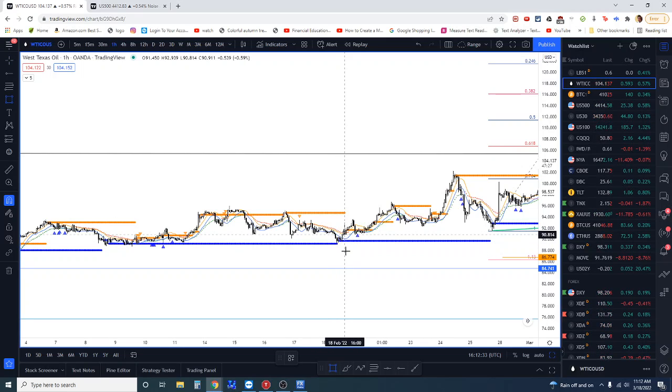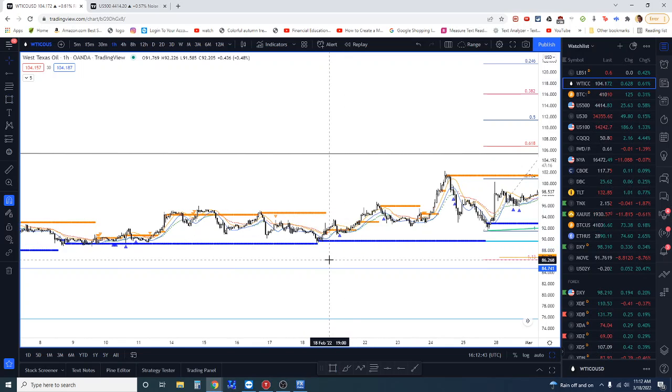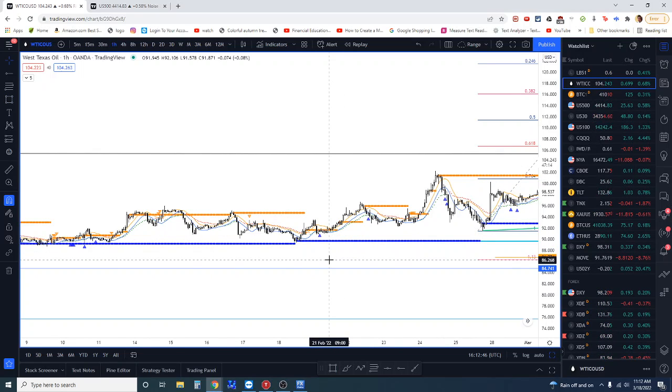We want it in that fib range of the 0.13 fake out. It might go a little below. Oh my gosh, I guess that's it. It's not even on the right candle though. There it is. Yep.